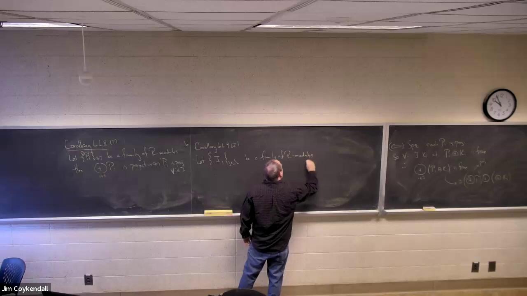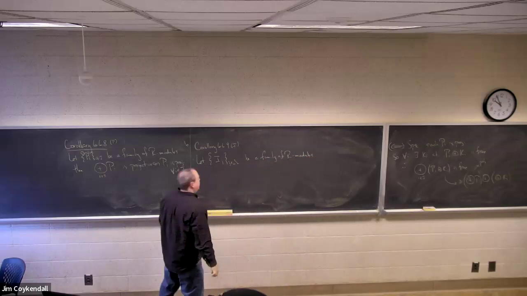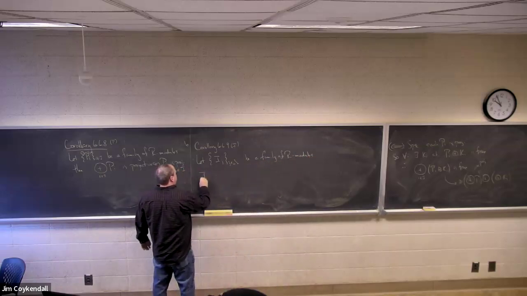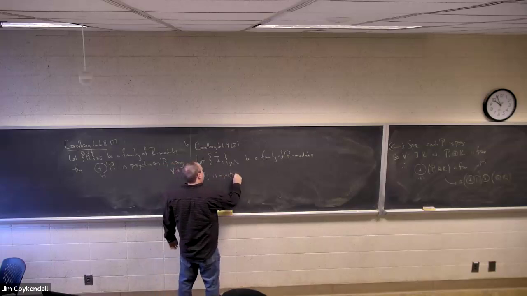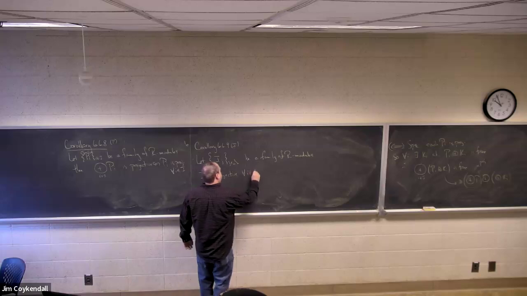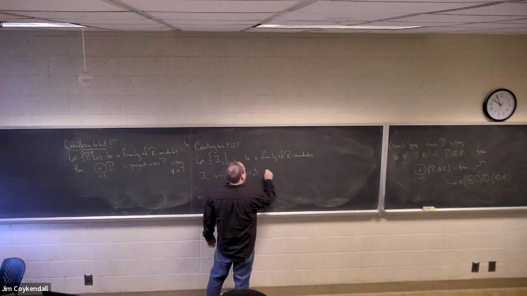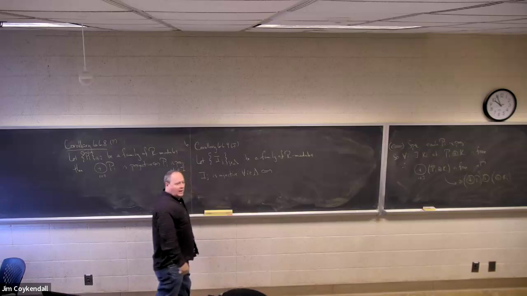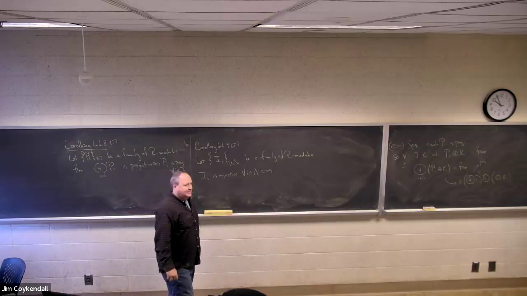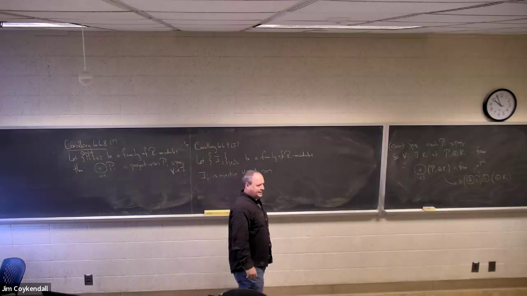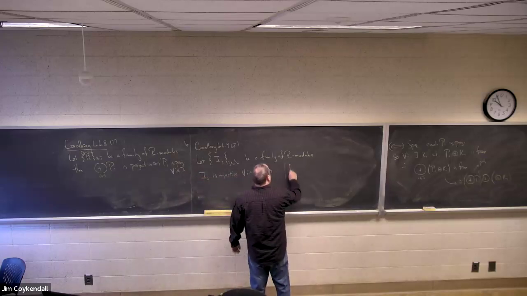Anybody want to guess what the analog is? The direct sum of I_j is injective for all j in the index set, if and only if, what? I won't guess. And then, product. That's exactly it.